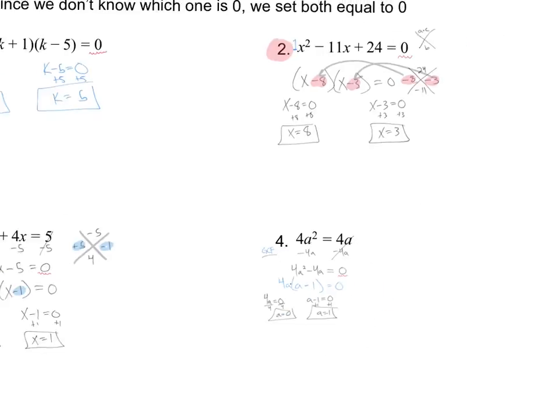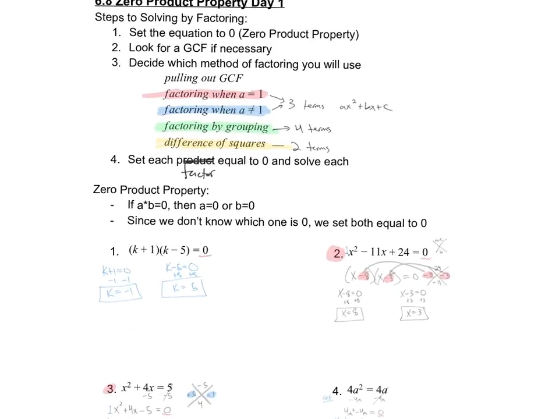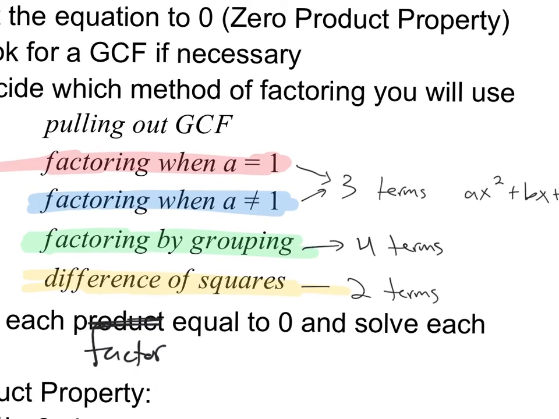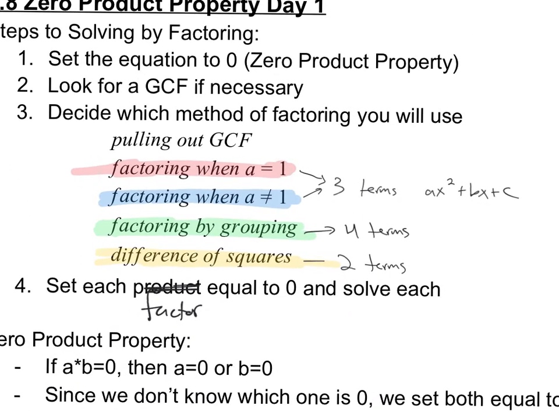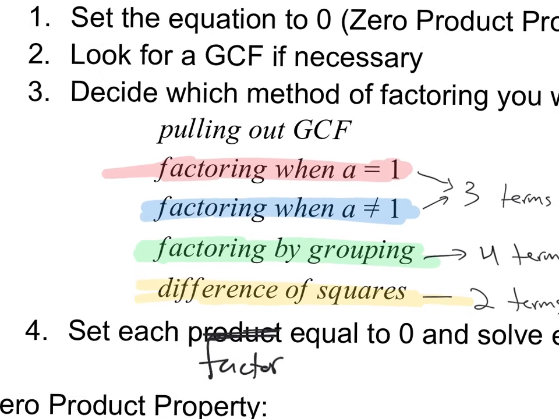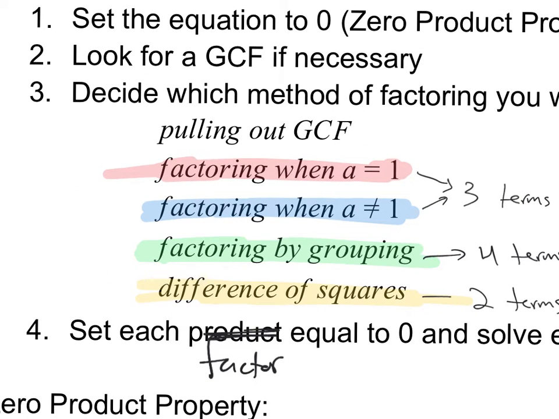So let's look at the previous page, right? We have these options for factoring. So one of them is factoring when a does not equal 1. So we're going to go through your methods, out of these 5 you were using. You always want to start here with pulling out this greatest common factor.